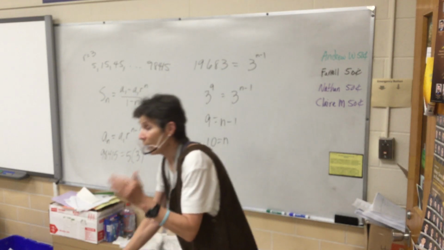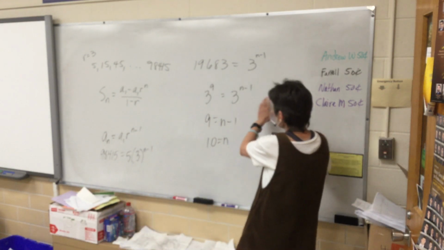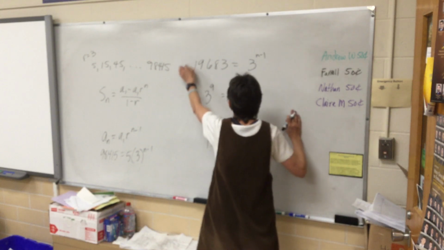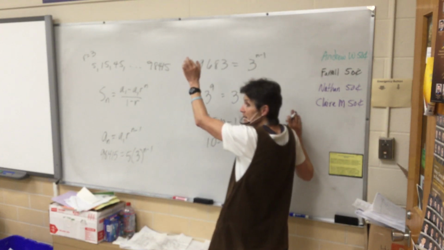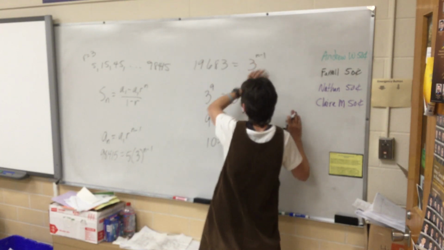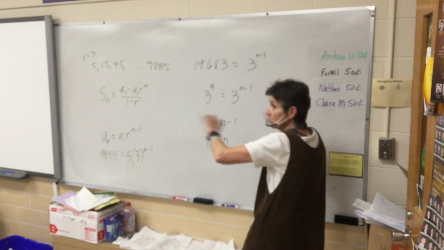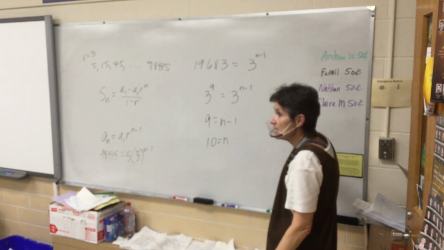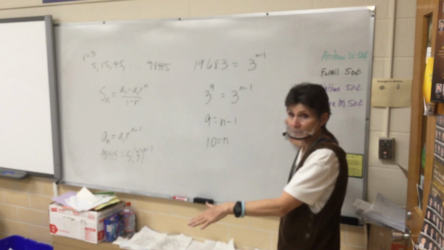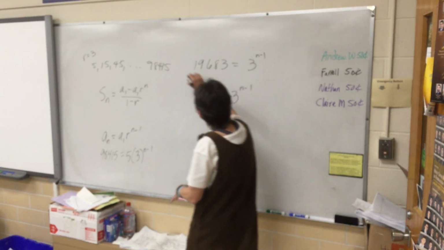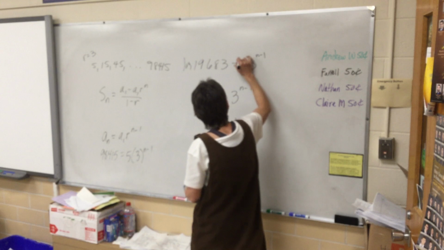Now, what if you don't want to do trial and error? How do I solve an equation like this? This is on your exam. How do I solve an equation like this? Logarithms. Exactly. So, again, you have a calculator. So feel free to log both sides.